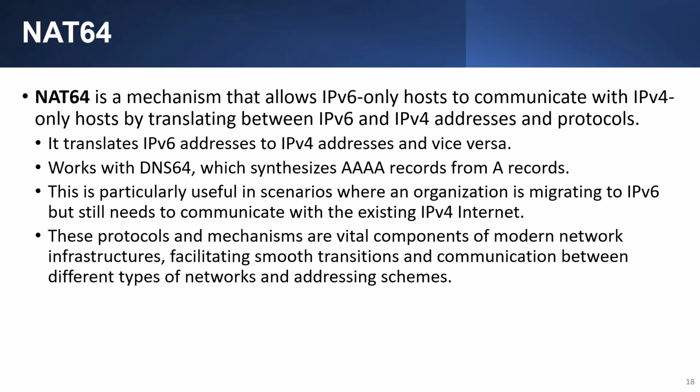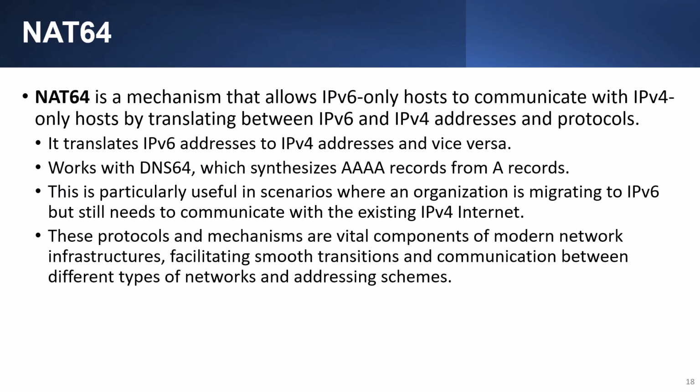NAT64 is a mechanism that allows IPv6 only hosts to communicate with IPv4 only hosts by translating between IPv6 and IPv4 addresses and protocols. It translates IPv6 addresses to IPv4 addresses and vice versa. It works with DNS64, which synthesizes quad A records from A records.